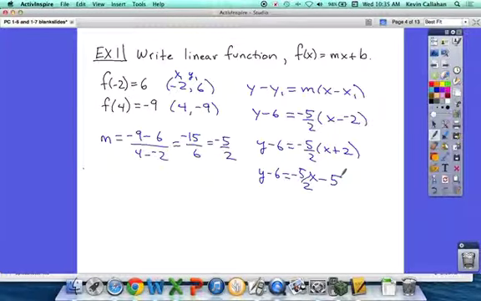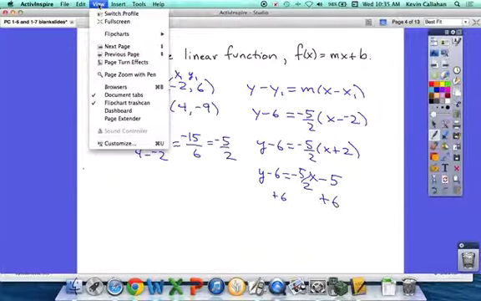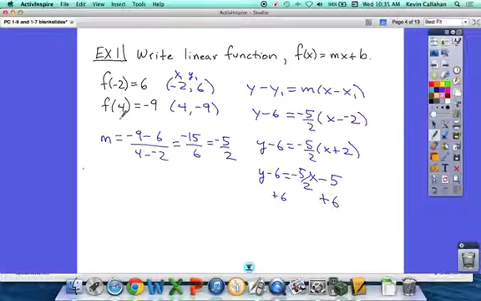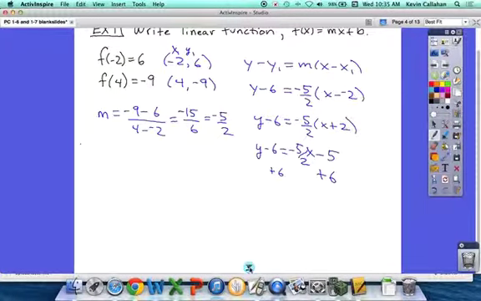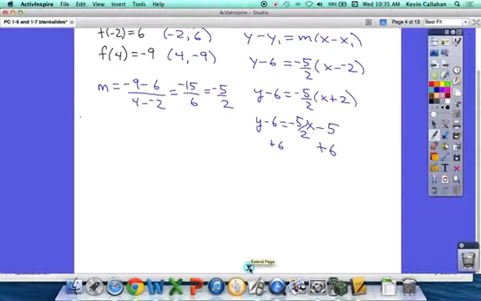And then the last step, add 6. Y equals negative 5 halves x plus 1.